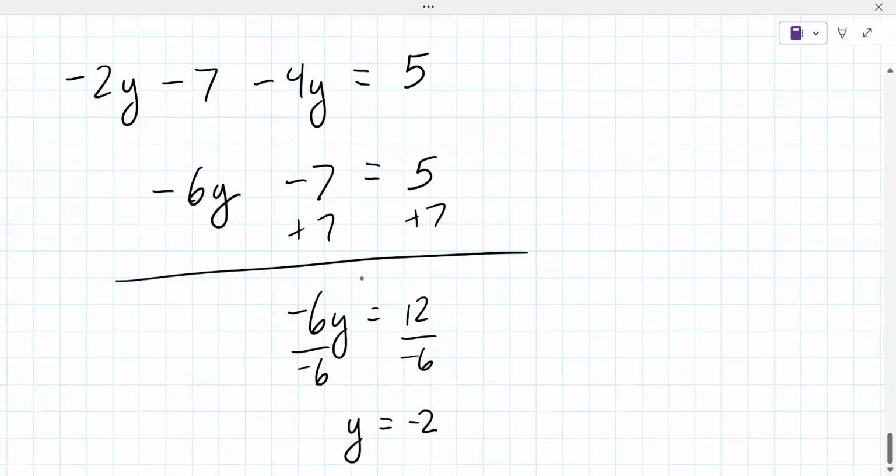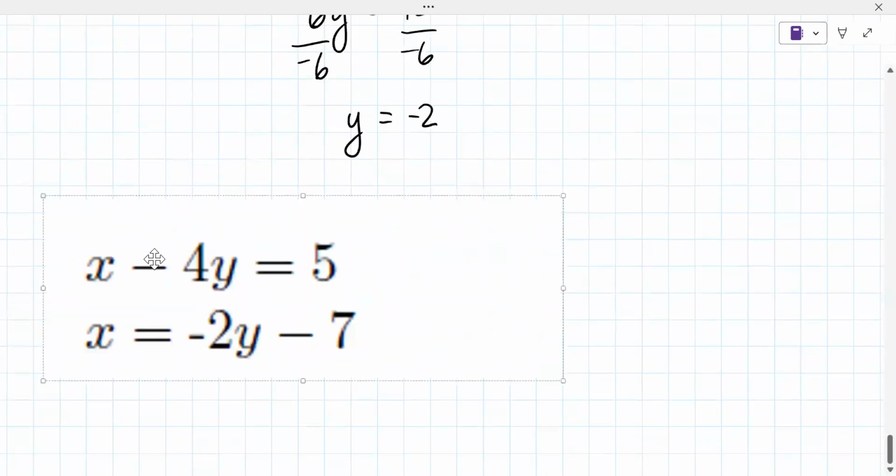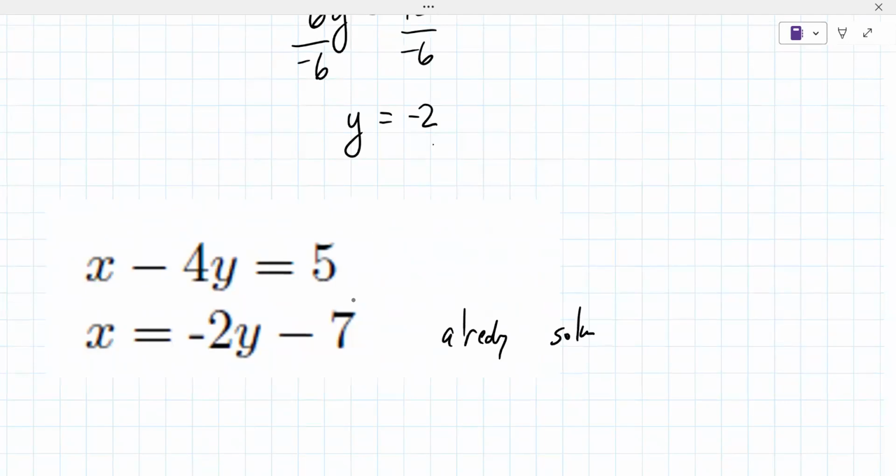Now, the difference here is you got y first, which is just the way it is. So now you take that y value and you put it back in. The question some students ask is, well, what equation do I use? Well, use the one where it's already solved for the other variable. So you put that one in here.